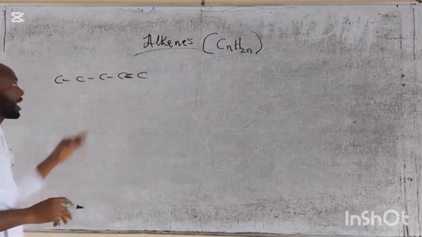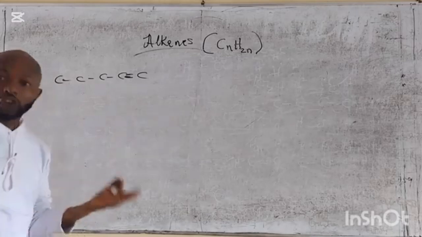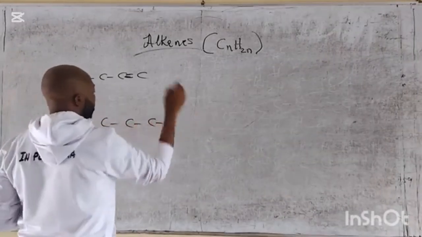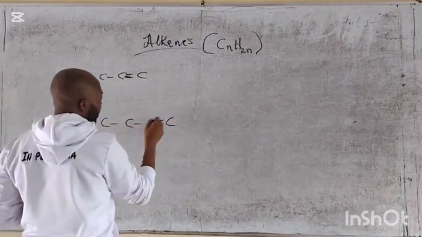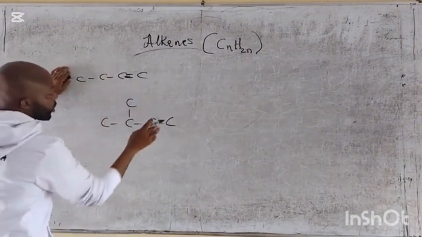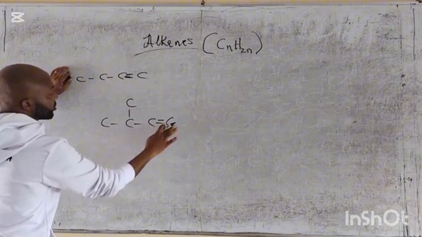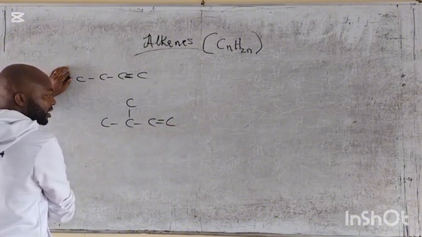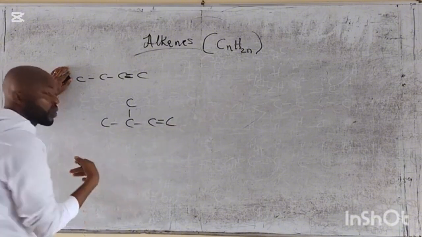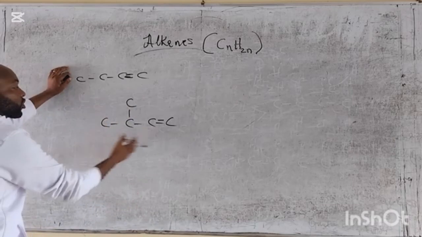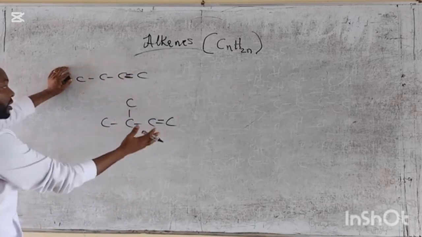I want to get an isomer of pentene based on structural framework. I now have 1, 2, 3, 4. I still have my double bond here, and I cut one of these carbons and put it here. This becomes 3-methyl-1-butene. Alright? This is it, because this is a different structure from the first one, obviously.